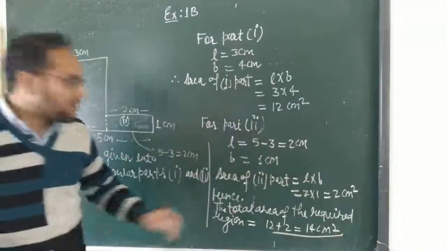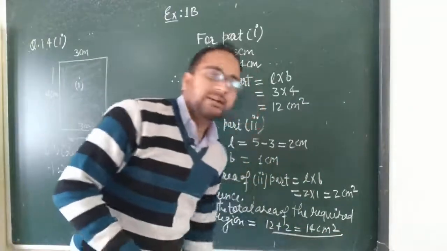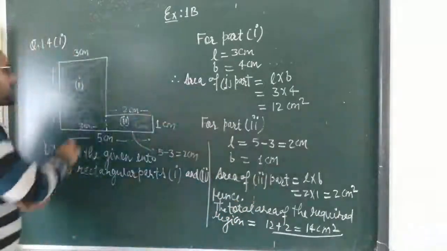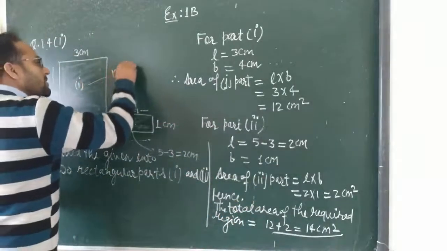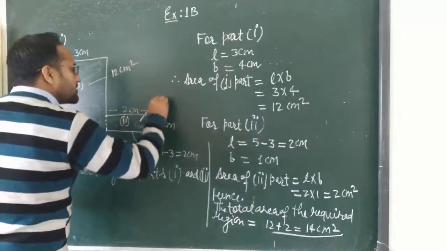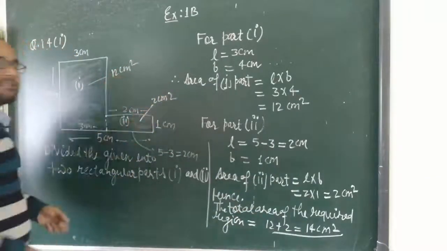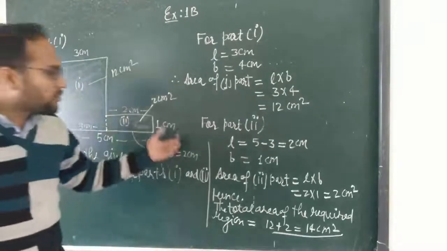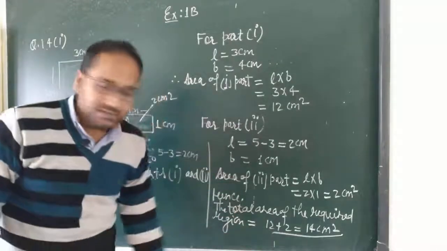This is 12 centimeter square and this one is 2 centimeter square. If you add them, you get the total area of this region: 14 centimeter square, students.